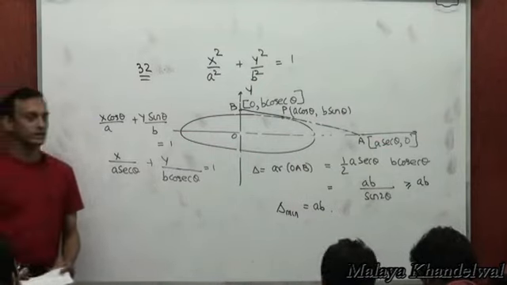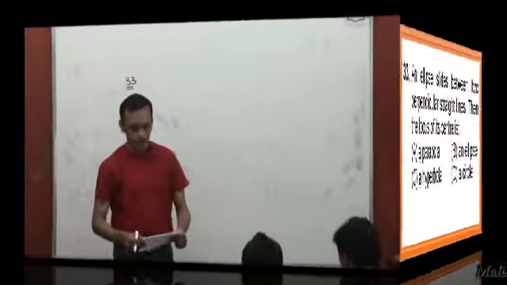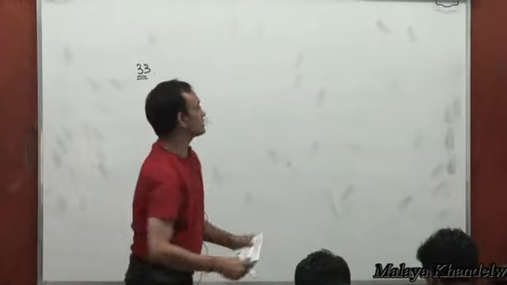So far so good, right? An ellipse slides between two perpendicular straight lines.